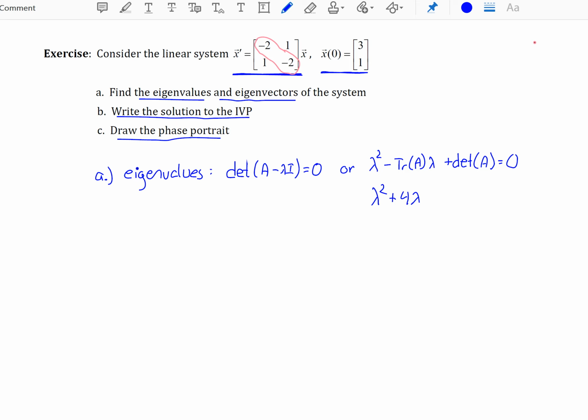Your determinant is going to be 4 minus 1, which is 3. Here, our characteristic equation is factorable as lambda plus 3, lambda plus 1 equals 0, which gives us two eigenvalues, -3 and -1.